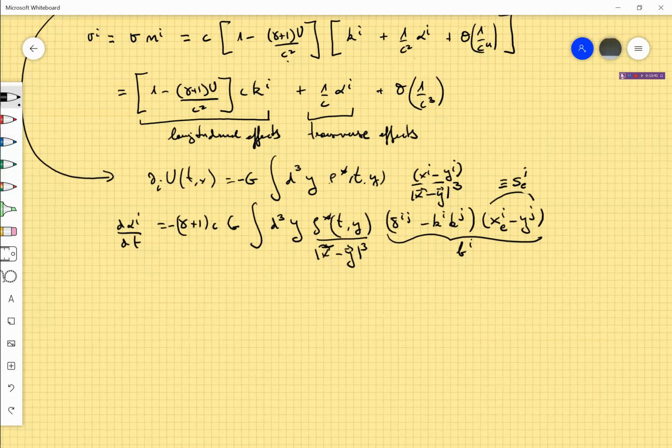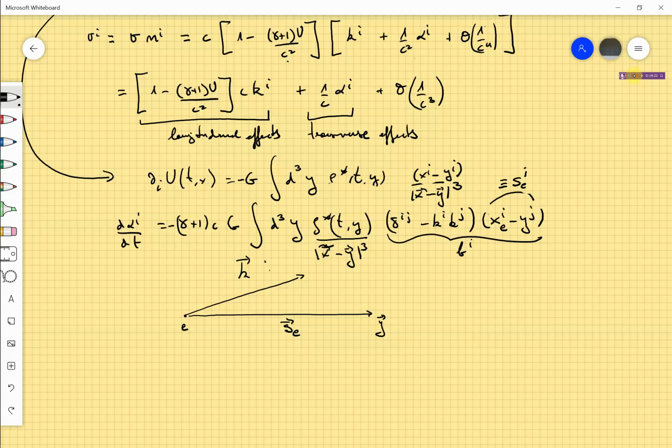The fact that this b_i is the impact parameter: if here this is the emission point, and this is some point y where we are integrating, then this is the vector S_E. If the direction of emission, the original one, is this k, observe that we are projecting this vector S_E in directions perpendicular to k.